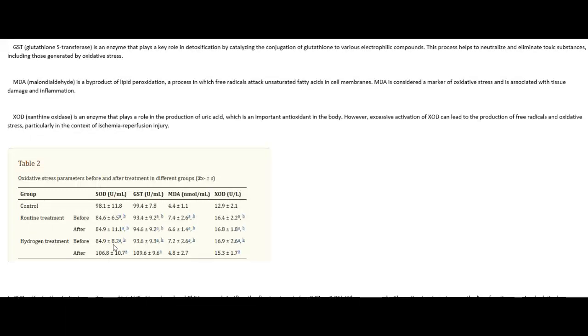For the hydrogen treatment, before the treatment it was 84.9 plus minus 8.2, and after the treatment it was 106.8 plus minus 10.7, so considerably higher compared to the routine treatment.